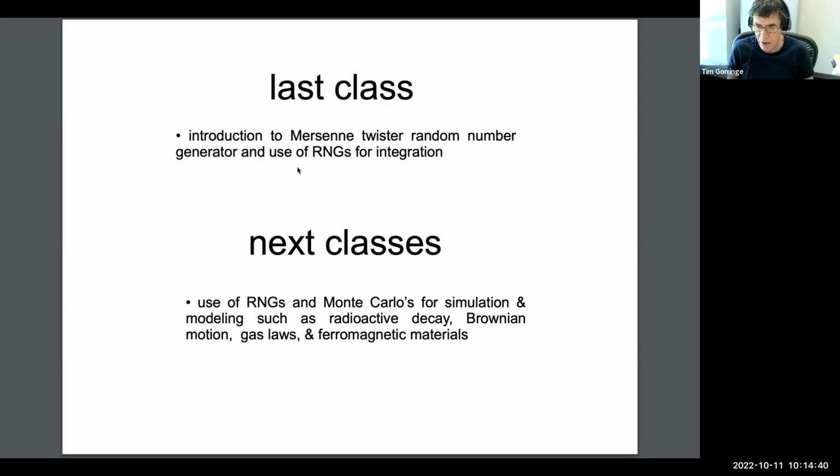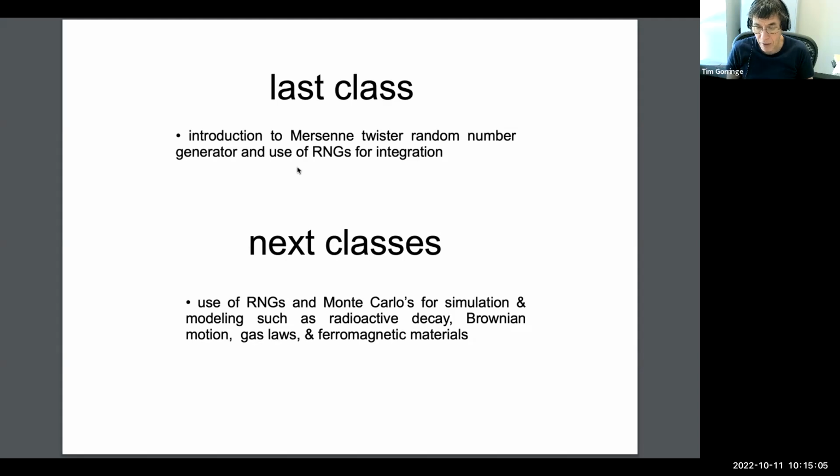These are methods for simulating or modeling various problems. They're used in physics, but also in other basic sciences, and beyond basic sciences, for example in economics or in business.